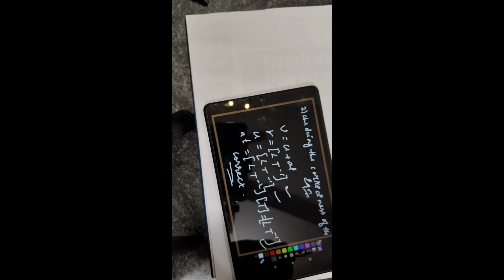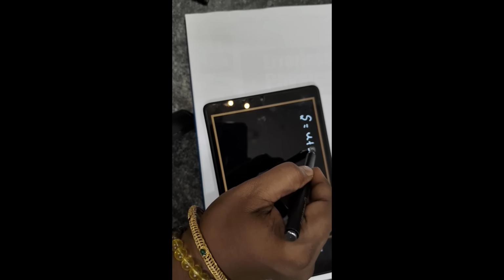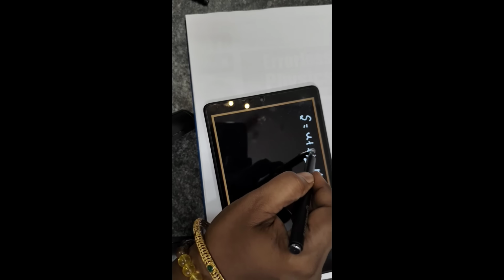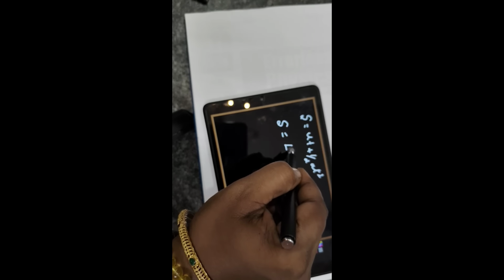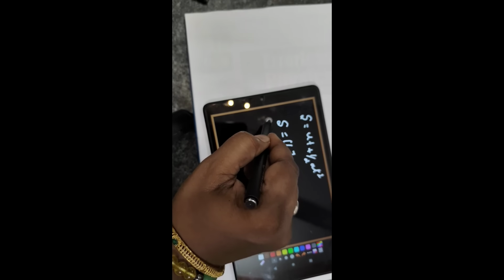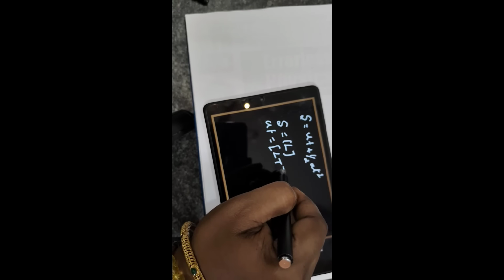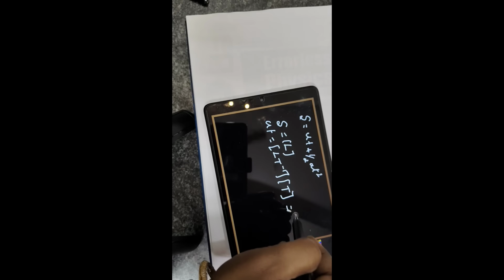One other example I will give for correctness. So let us take s is equal to ut plus half at square. The constant values, we cannot take the dimension. So let us take first s is L, ut is L T raised to minus 1 into T, so it will be L only.